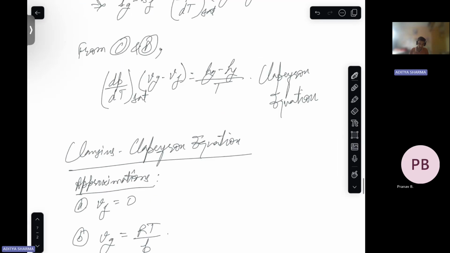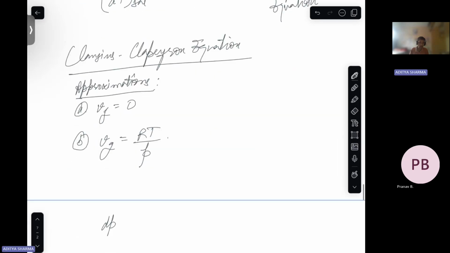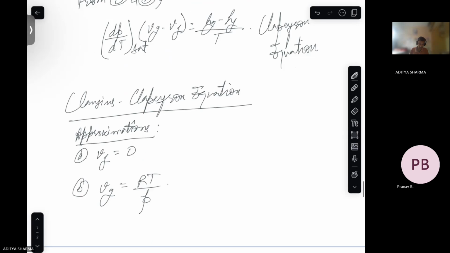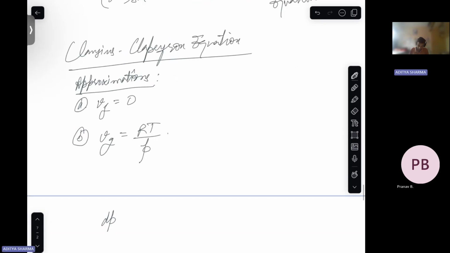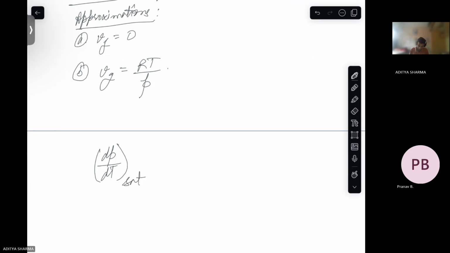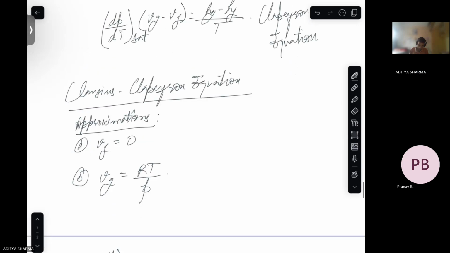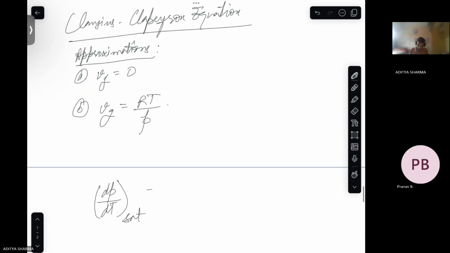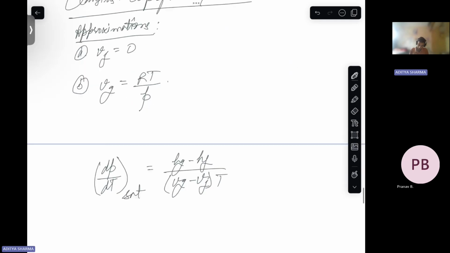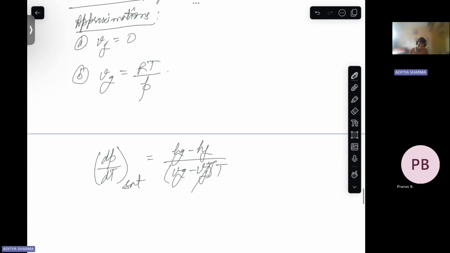If we take the Clapeyron equation, this term becomes 0, right? And then what do we get?